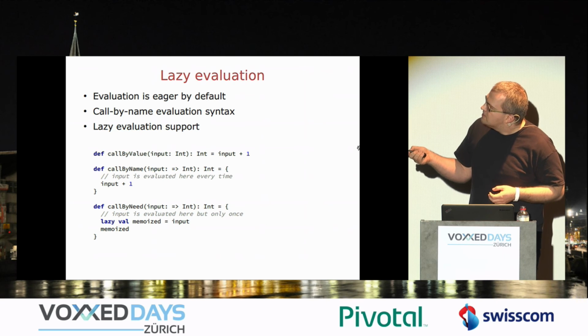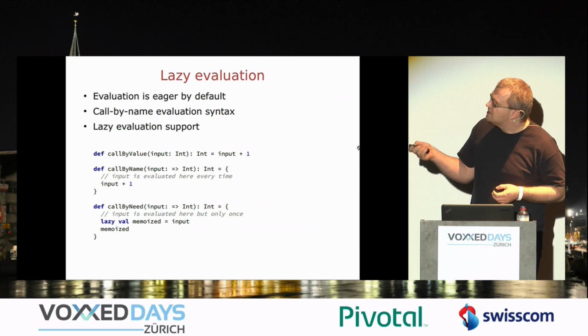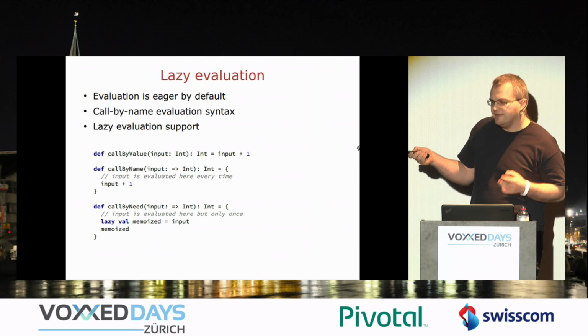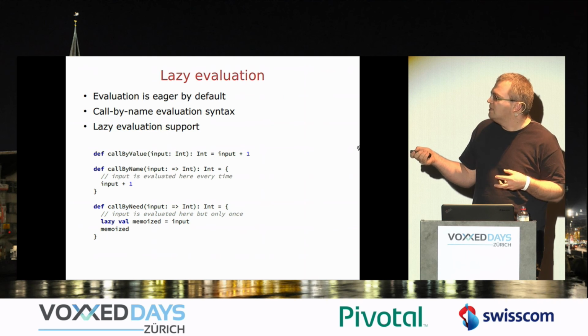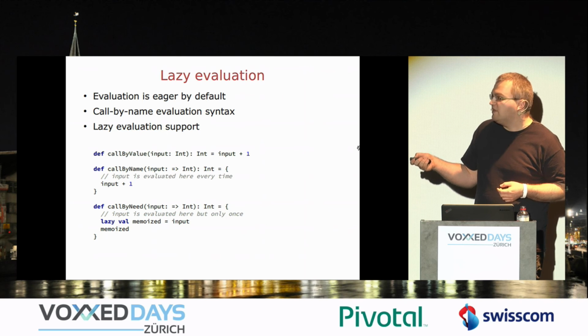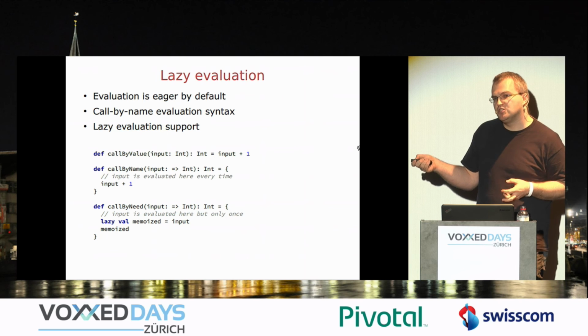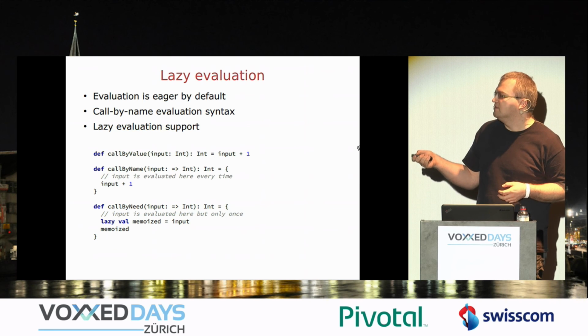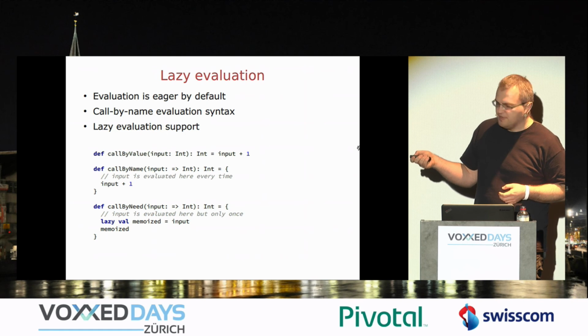If you just put a little arrow here, this means that Scala will take the entire expression that was inserted into the method and substitute the expression inside. If this was a complicated expression, it looks as if this expression would be just put here instead of input. So the evaluation only happens once the expression is actually used inside the code of the method. This is classical call by name. It's a pattern rewriting paradigm.